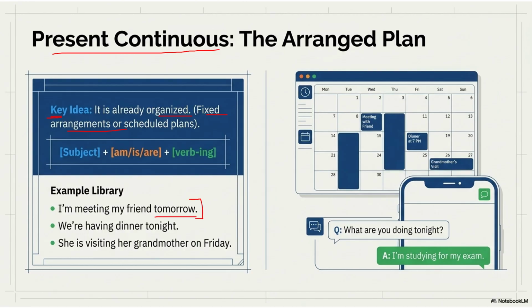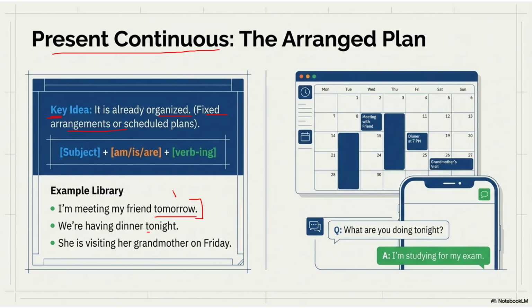This means that this action is in the future, right? And I am meeting my friend for sure tomorrow, which means that he knows about the meeting. We know the place we're going to meet. Everything is fixed. Everything is arranged.